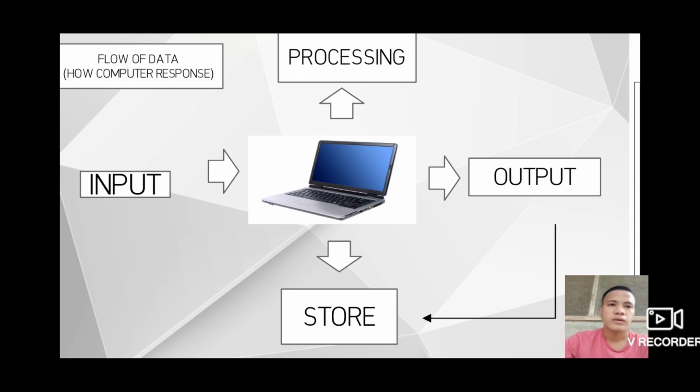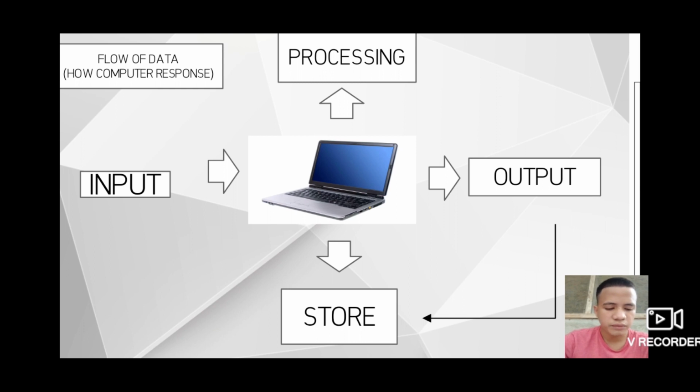So after you input, the computer will process, including storage: you input, it processes, then stores the data that you input. Then it creates useful information from data through operations such as classifying, sorting, calculating, summarizing, and storing.